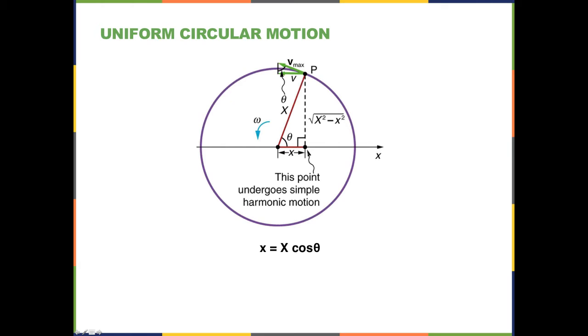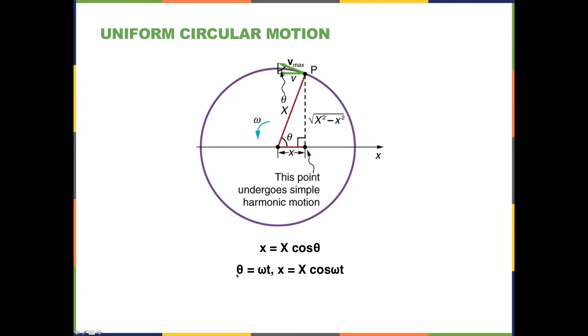If you look at any point P, you can calculate the position or the displacement x by looking at the radius times the cosine of this angle theta, which is the angle that is separate from the original starting point. So x is equal to big X, which is the radius, times the cosine of theta.